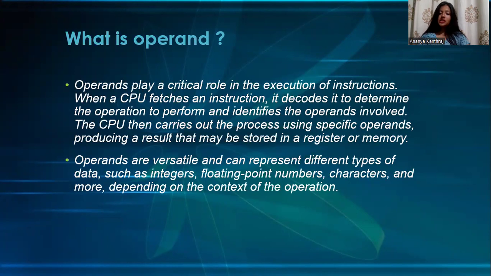Operands are versatile and can be represented in different types of data. They can be integers, floating point numbers, characters, or even more, depending on the context of the operation which you're using in a given code.